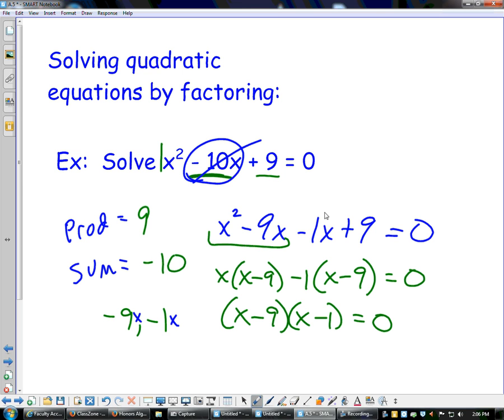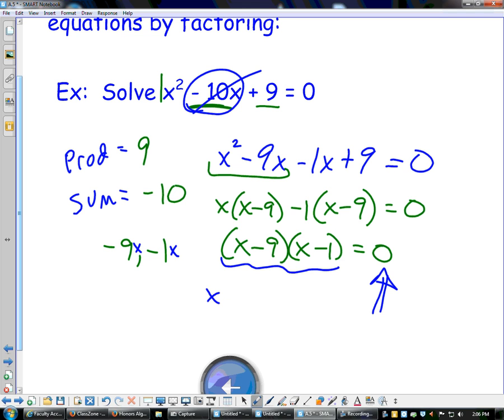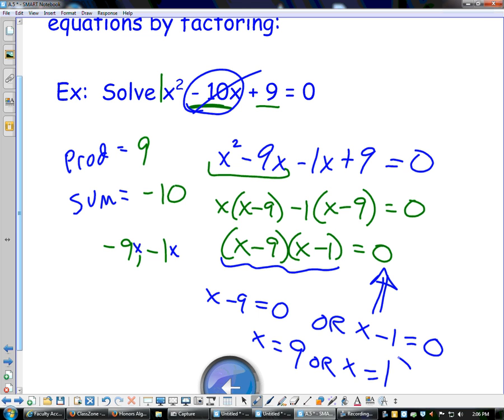Notice, though, we have two things being multiplied together to equal 0. That means that one of them had to be 0. So that's why we would say x minus 9 has to equal 0 or x minus 1 equals 0. And we would end up with our solutions of x equals 9 or x equals 1. All right, that's how we solve a quadratic equation by factoring.